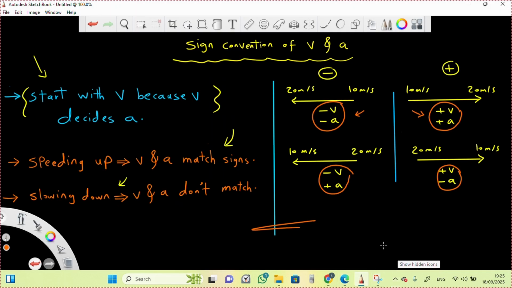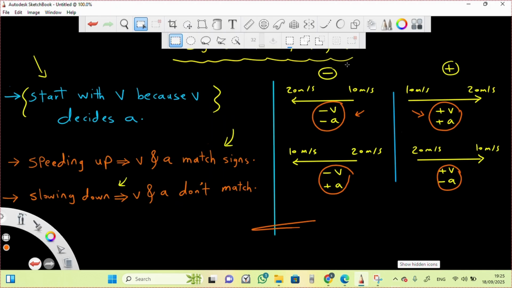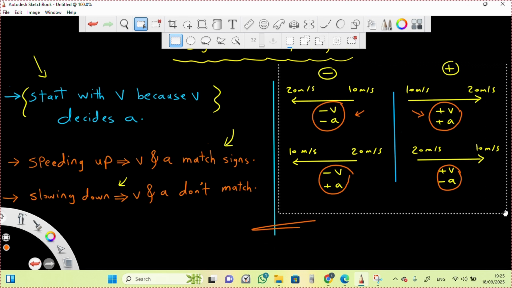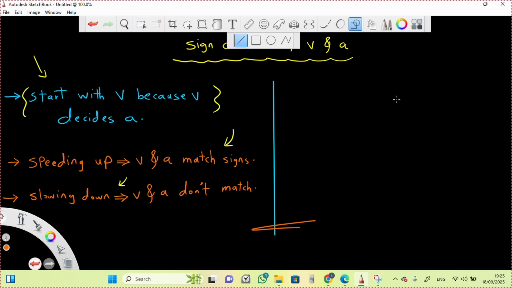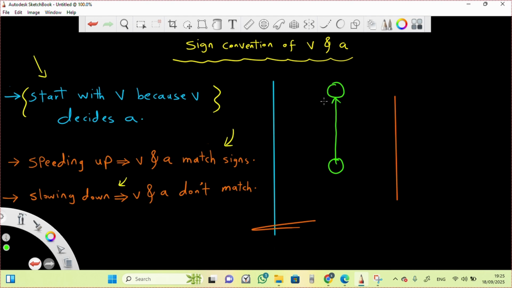To better understand this problem, we have to break it into two parts: the ball moving upward and then downward. By convention, moving upward is the positive direction for velocity, therefore velocity here is positive.